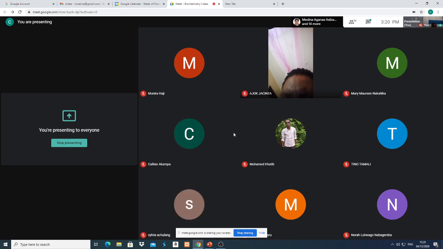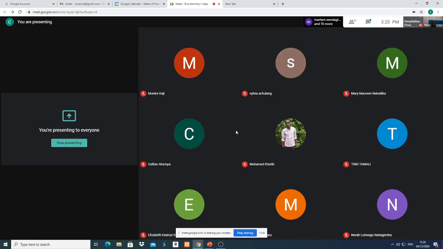So I've just pointed out those two. I've talked about the carboxyl. The nature of the carboxyl groups is that they will make the medium become acidic. Amine groups make the medium become what? Basic. But you will find other organic compounds which are nonpolar. They can never dissociate in water. They can't mix in water.